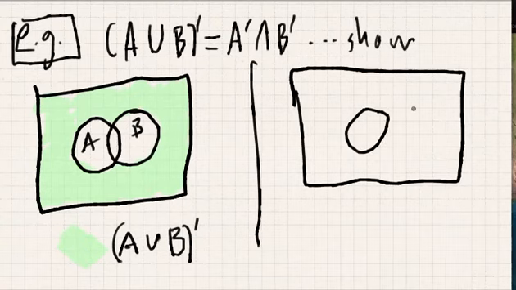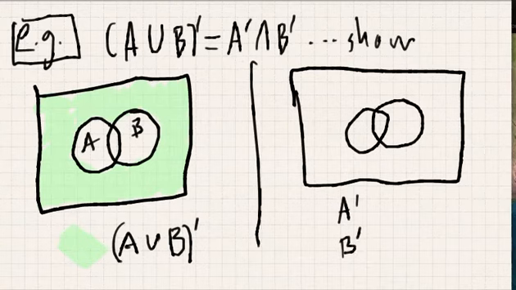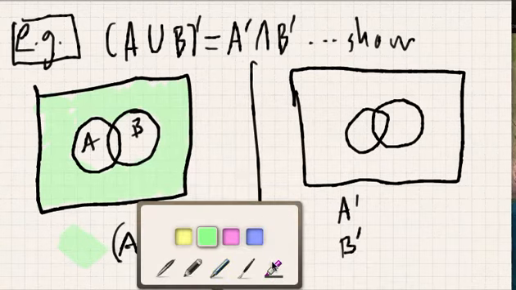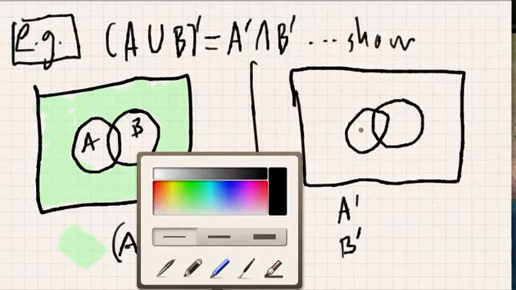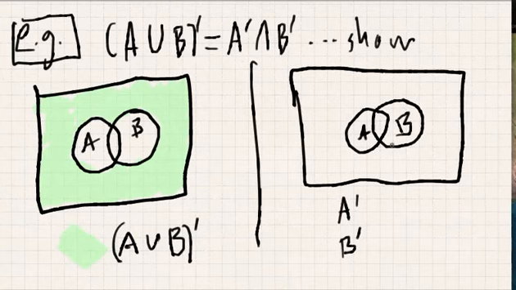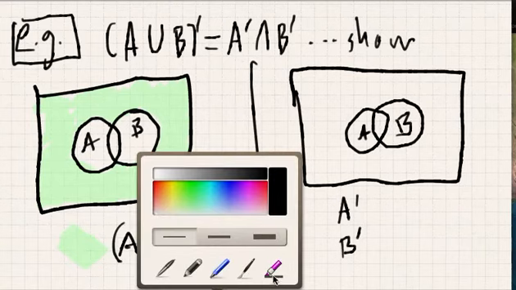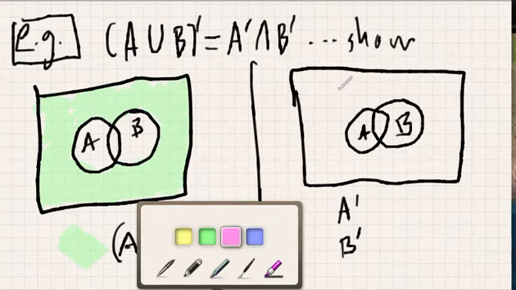Now A prime intersect B prime. Let me literally write down what I'm going to shade. So first I have to write A, so this is A and this is B. Let me shade A prime pink. What is A prime?